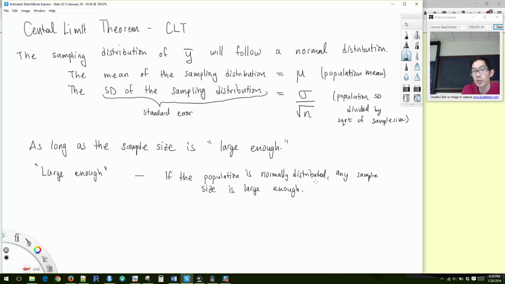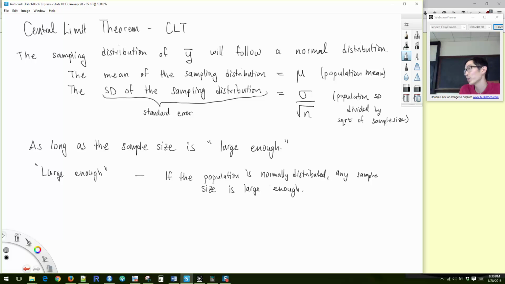You can take samples of size 2, and the sampling distribution of y bar will follow a normal distribution with mean mu and standard deviation sigma over the square root of 2. So you can take tiny samples, and this property will hold. If the population is unimodal and symmetric, you just need a slightly bigger sample.